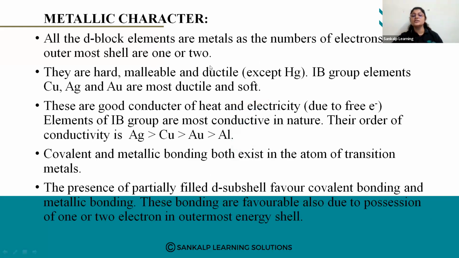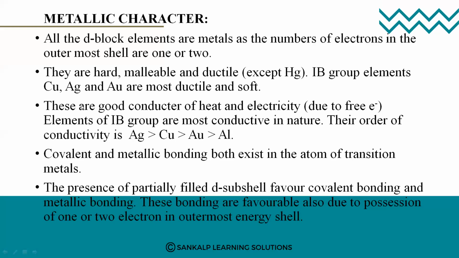Because of this, all the D block elements are mostly metals. They are hard. Okay, what are the properties of metals? Metals are generally hard. They have malleability and ductility, except mercury.